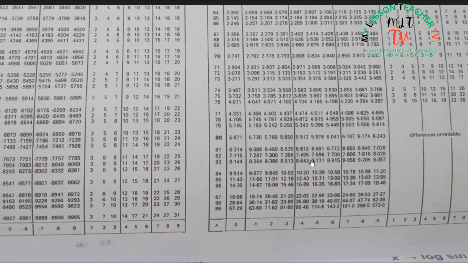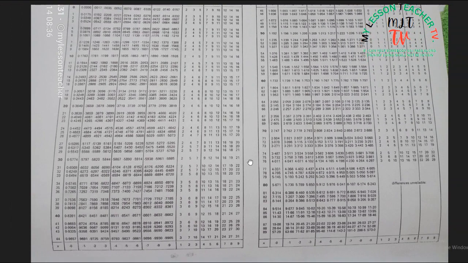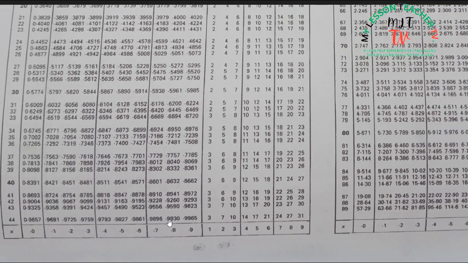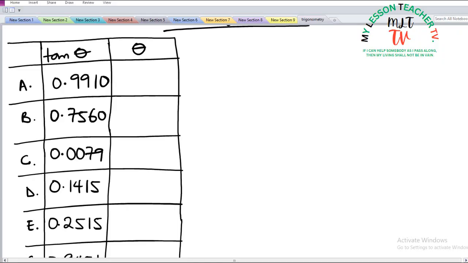That's why I said it ranges from 0 to infinity. For 0.9910, this is 0.9930, and before 0.9930 I have 0.9896.